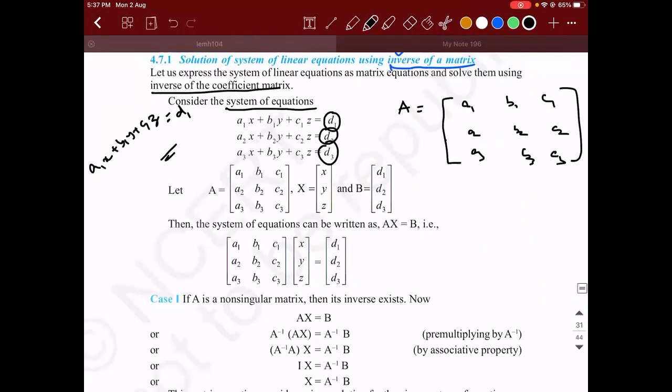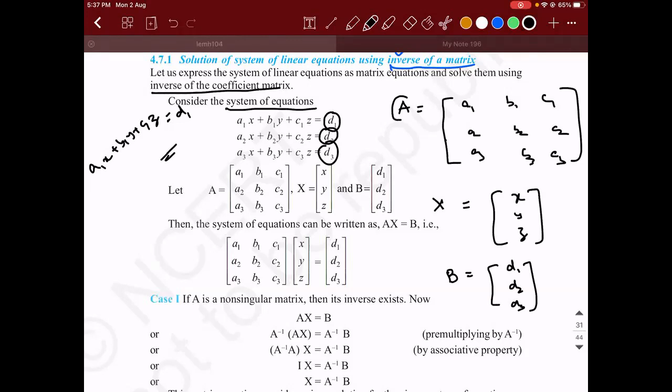Then, if I take another matrix, which is a column matrix, which represents the variables, and if I take another matrix B, which represents the constants on the right hand side, then from matrix multiplication, we will be able to understand that A multiplied with X is equal to B according to these equations.